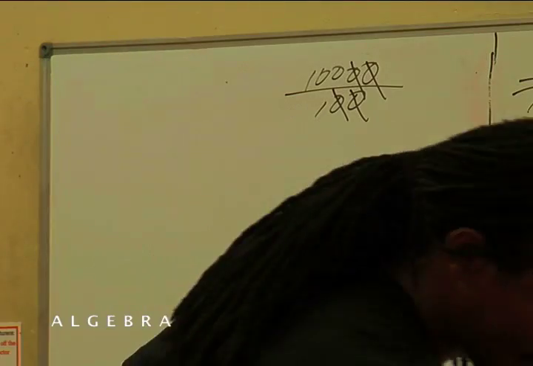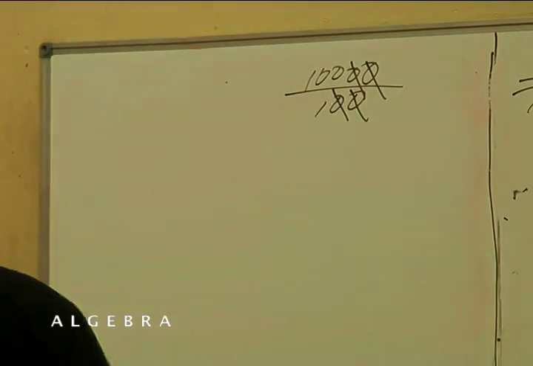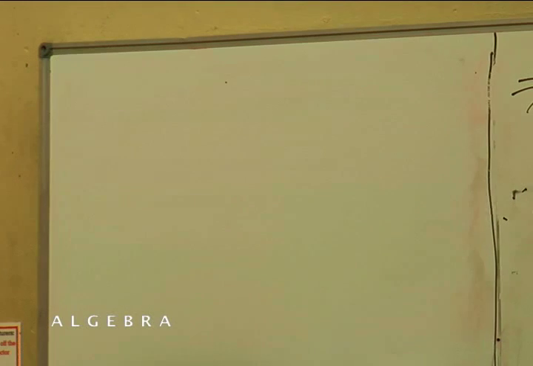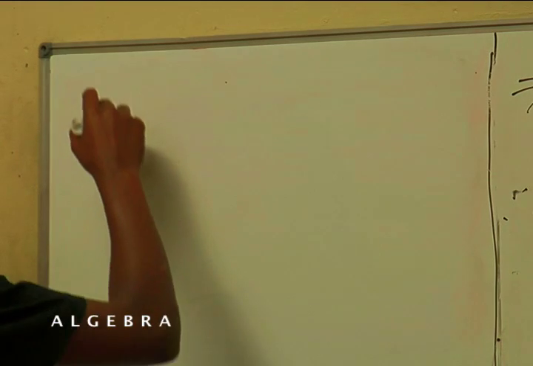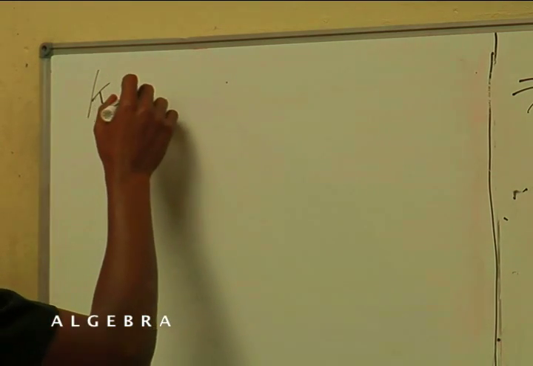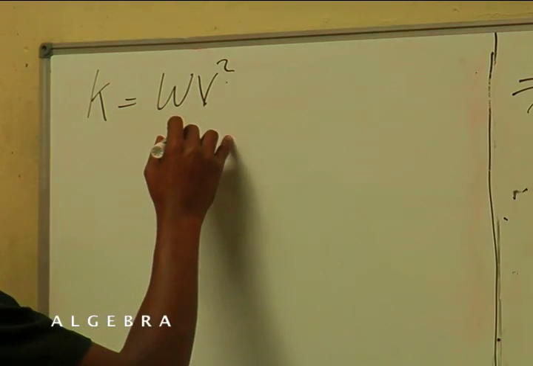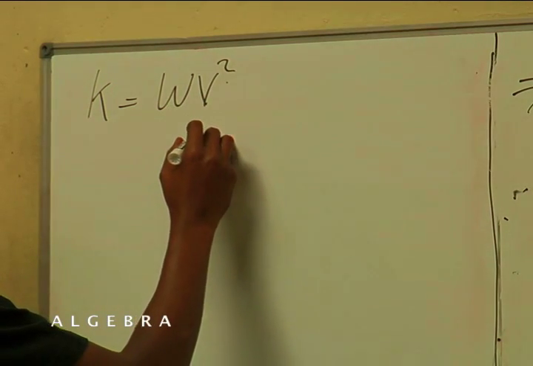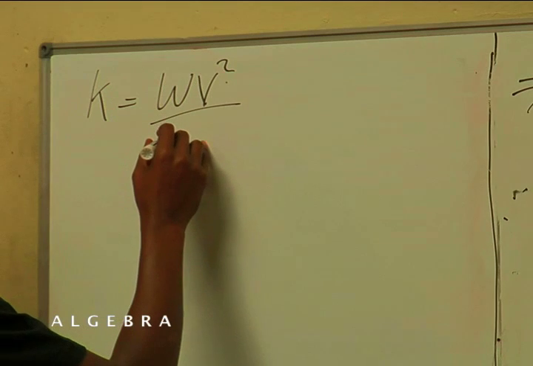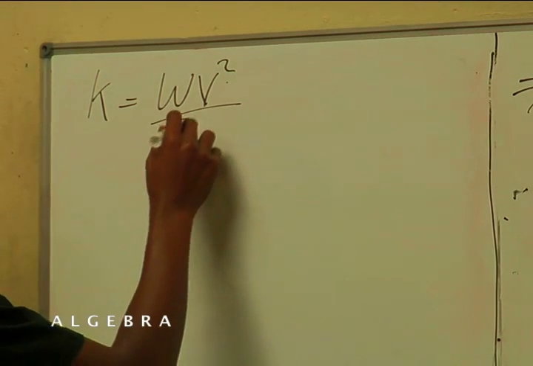Logics. And I started in fall. K equals W V squared over 2G.